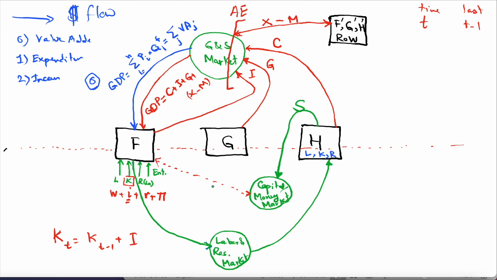So we use this S and we use this one I. The I is then borrowed, and then they go and buy final goods for the sake of adding to the capital stock and make the new capital stock.